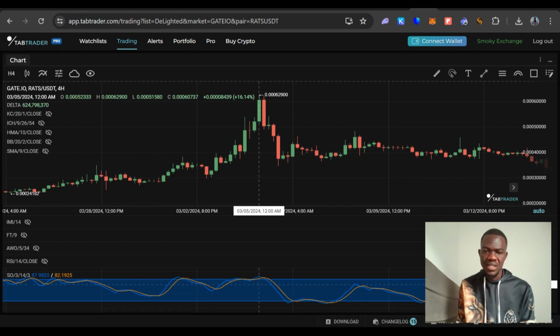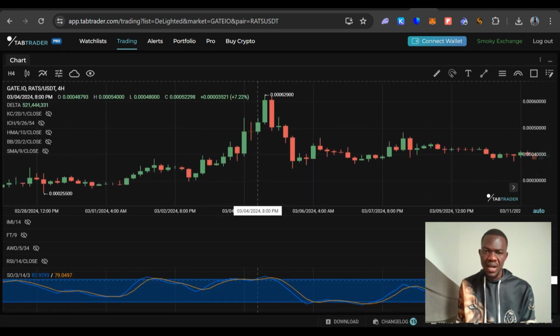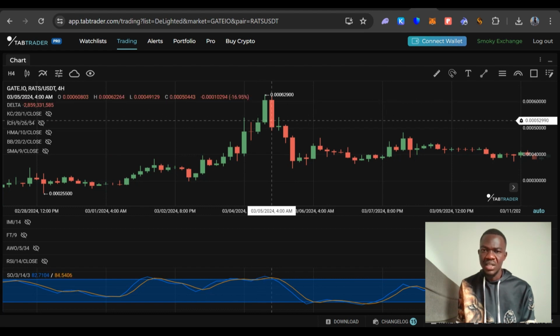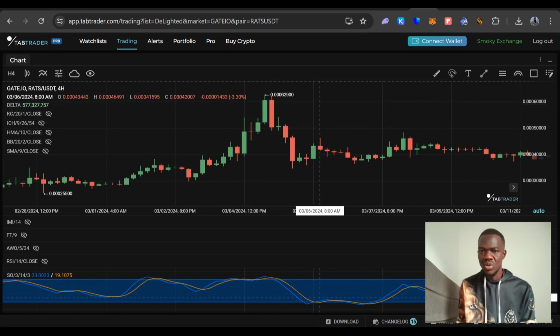So if you look at your chart, look at the stochastic indicator, and it has moved back into this area, the shaded area, and also an engulfing bar has happened, then obviously the market is going to trend downwards.